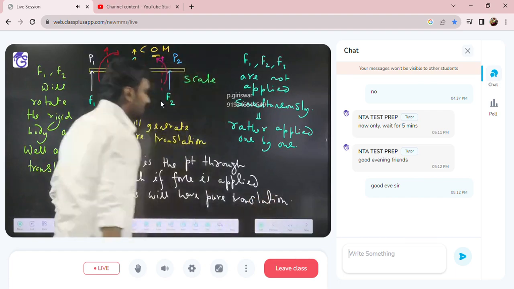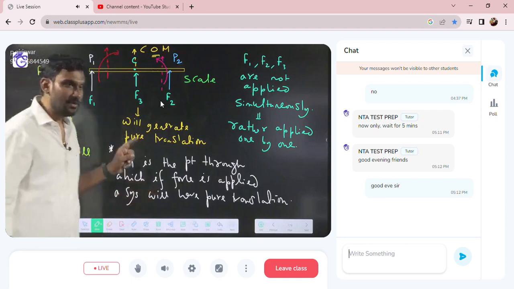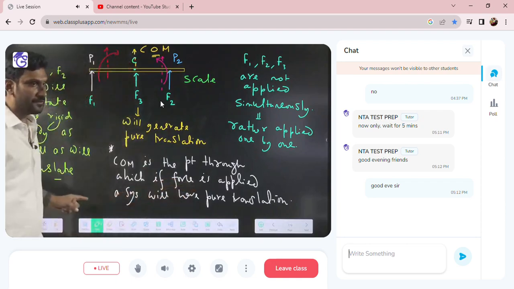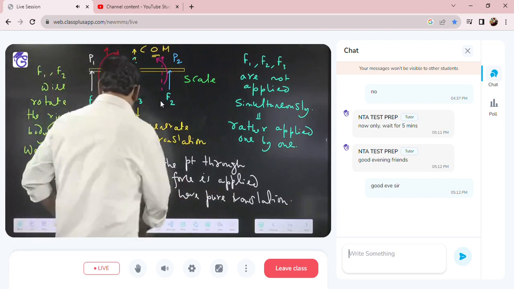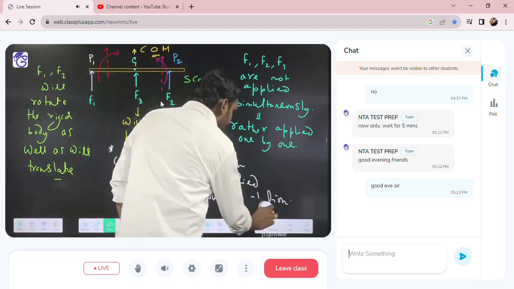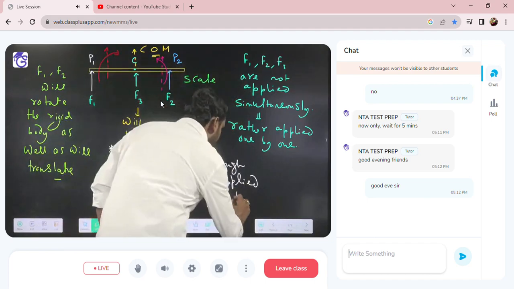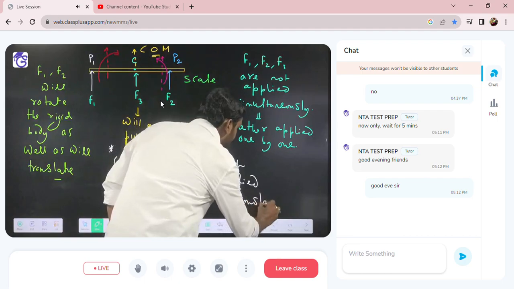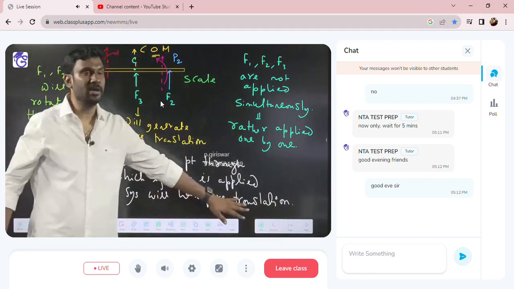My dear friends, that is the definition we need to remember. So what did I say? Center of mass is the point through which if force is applied, a system will have pure translation. I repeat once again, center of mass is the point through which if force is applied, a system will have pure translation. Pure translation means there will be no rotation.